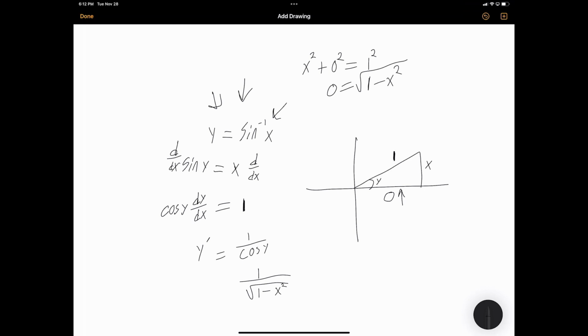If you grab the derivative of both sides with respect to x, you'll be left with dy dx equal to 1 over root 1 minus x squared, which is equal to y prime. Dy dx is y prime.